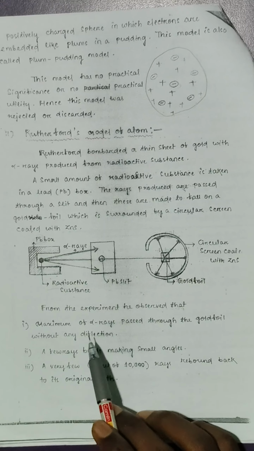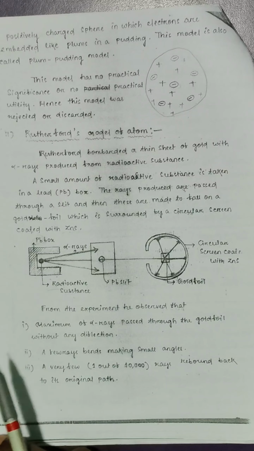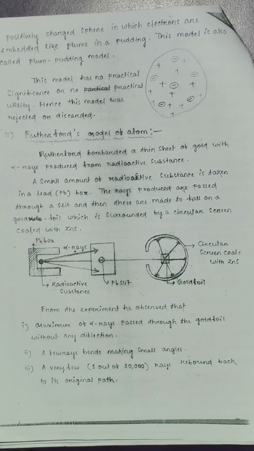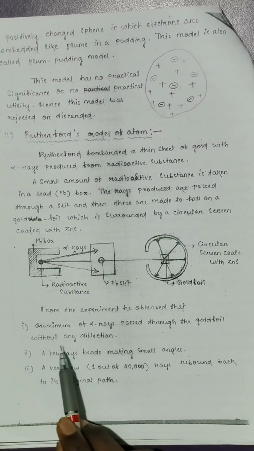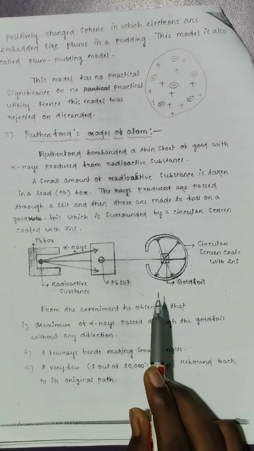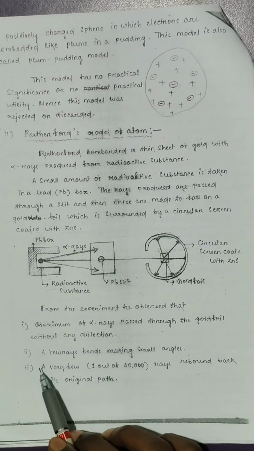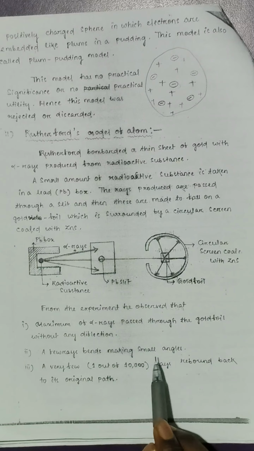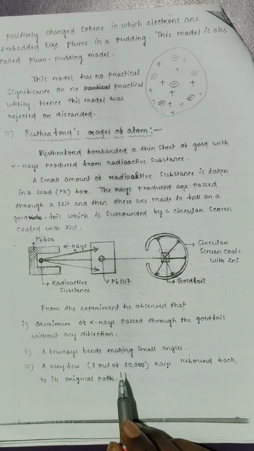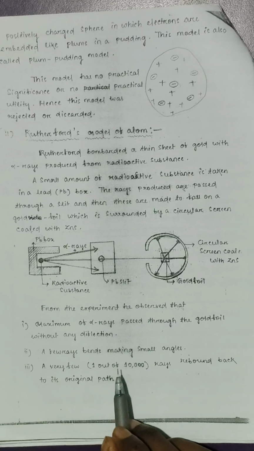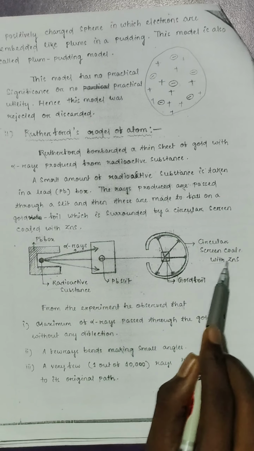What did he observe from the experiment? He observed that the maximum of alpha rays passed through the gold foil without any deflection, meaning the gold foil was made up of a huge amount of empty space. Second, he saw a few rays bent making a small angle, about 90 degrees, 120 degrees, or any other angle, bending towards the circular screen coated with ZnS.